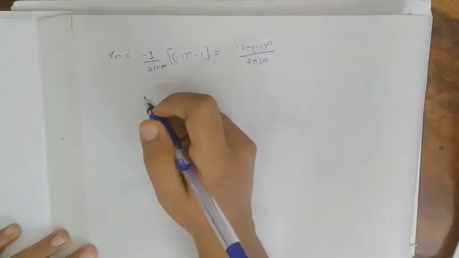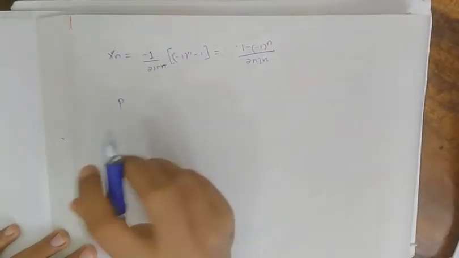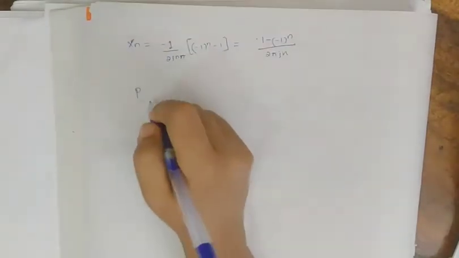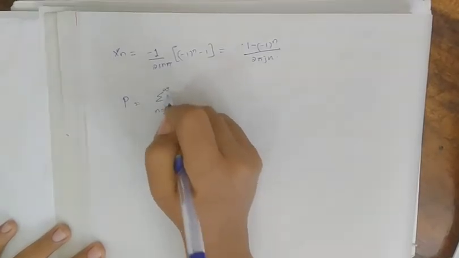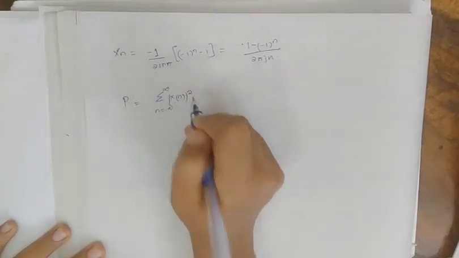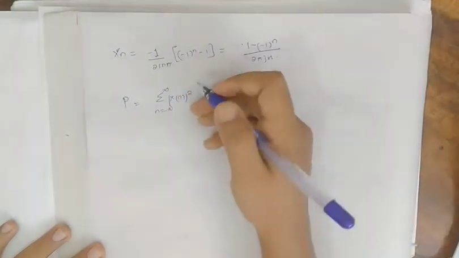And now in the question it is asked to find the power in the first 4 harmonics. The general formula for power is the sum from n equal to minus infinity to infinity of modulus x of n the whole square. This is Parseval's theorem.